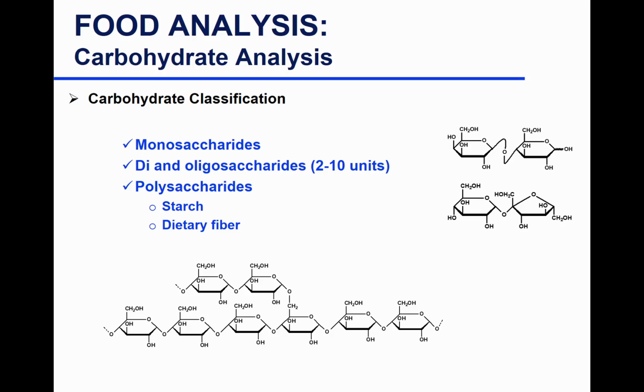So starch, for example, is a polymer of glucose, and disaccharides could be 2 glucose, like maltose, like glucose and fructose, like sucrose, glucose and galactose, like lactose, etc. So the different subunits that are there will indicate what type of carbohydrate you have.